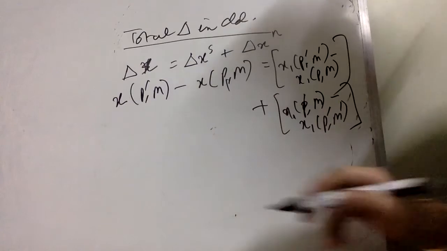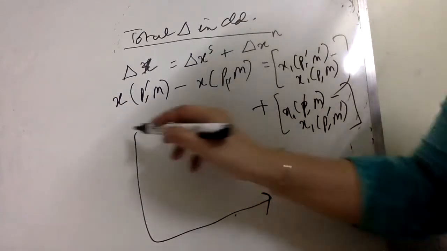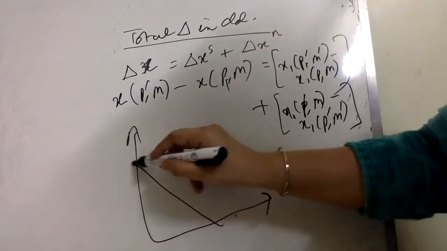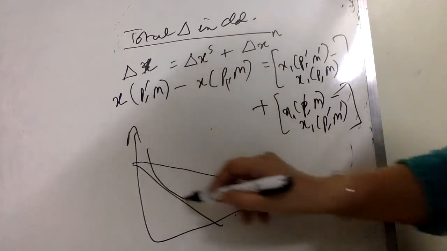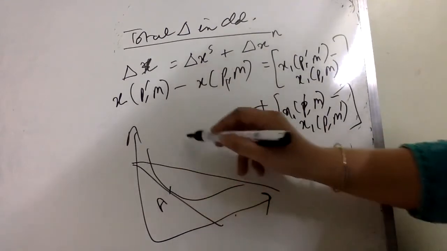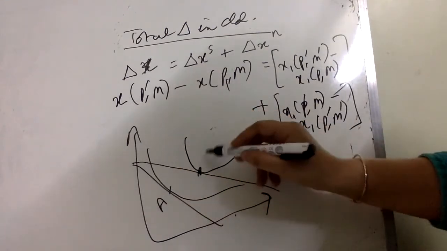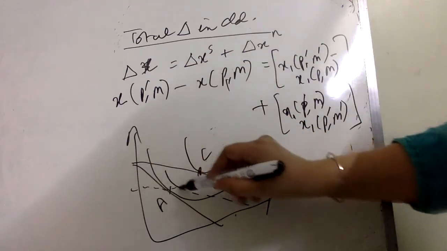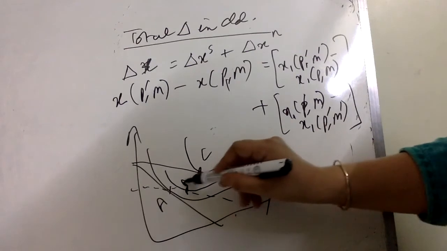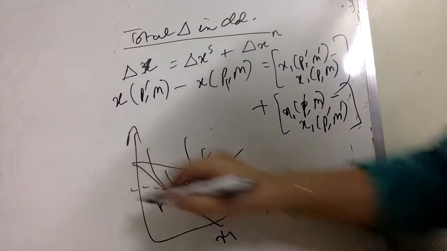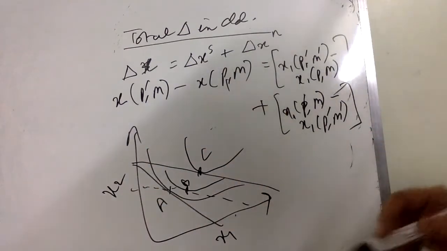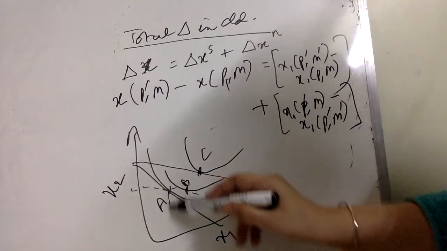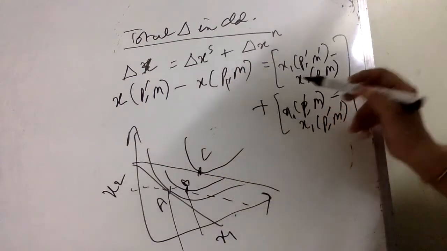Now, so you will be better able to relate it when I plot the diagram again. Say this was A bundle and this is say C bundle and B in between. Okay, so point A to B is the substitution effect.